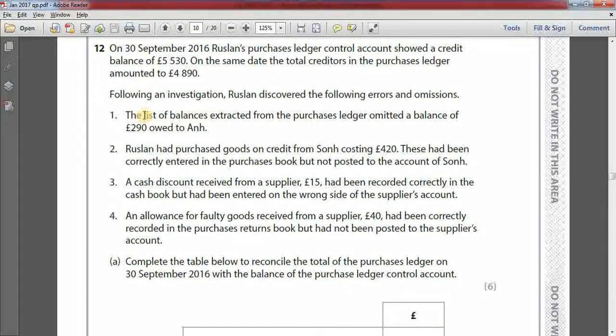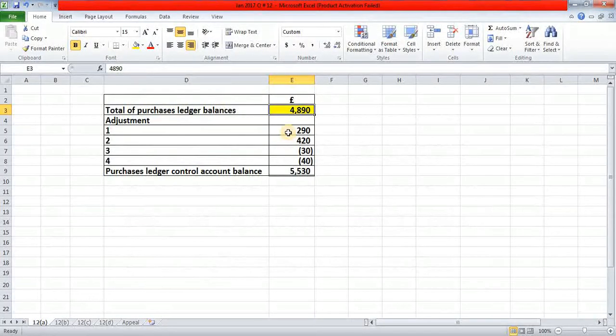And anything posted on the credit side of a creditor's account will be added to the opening balance. If we assume that £4,890 is the total opening balance of total creditors, then £290 will be added to this figure. So that's why we have shown it with a positive sign, £290.